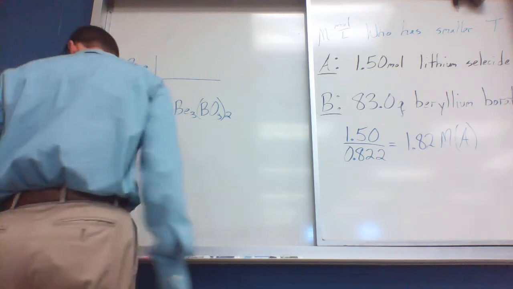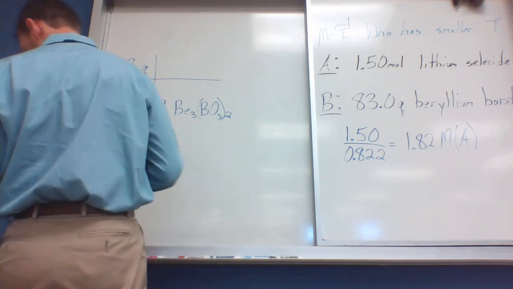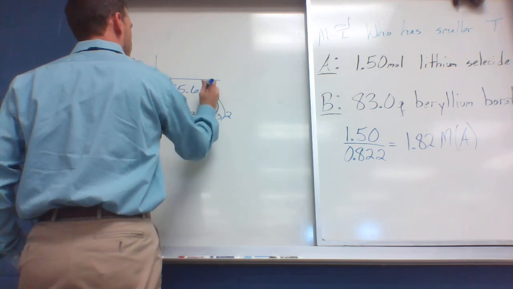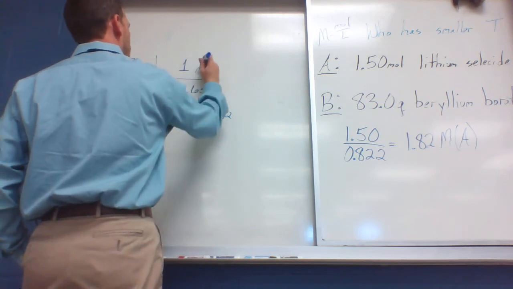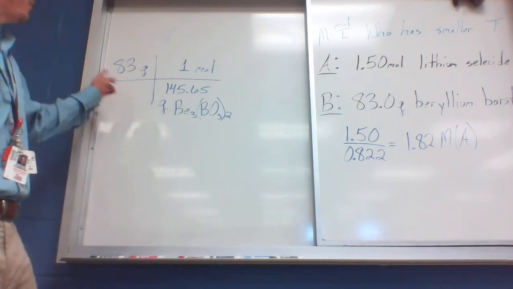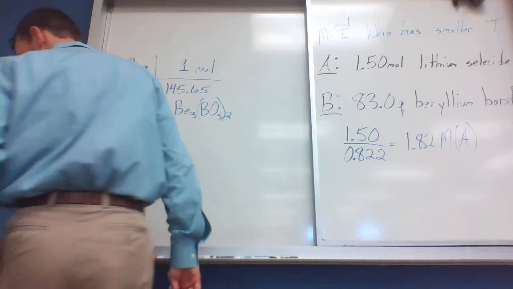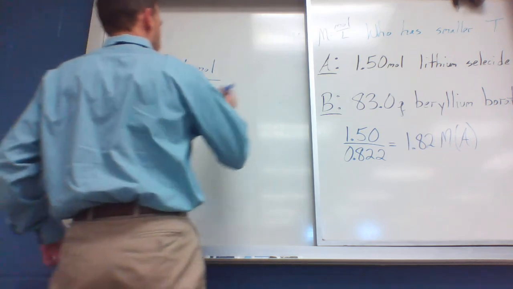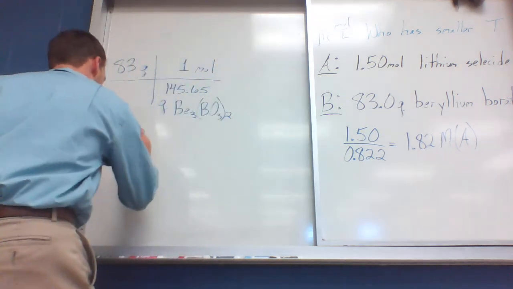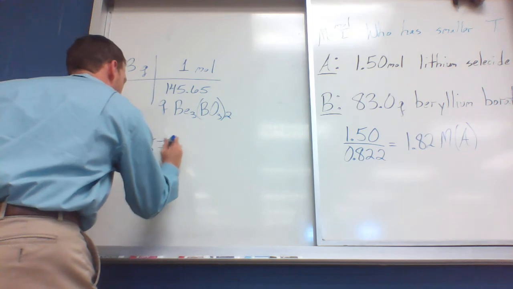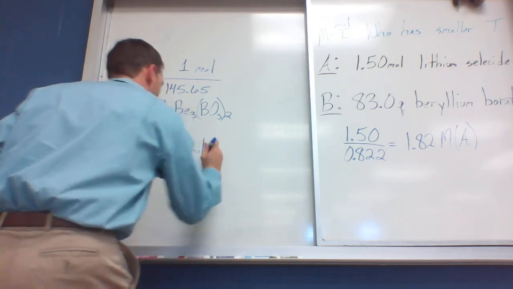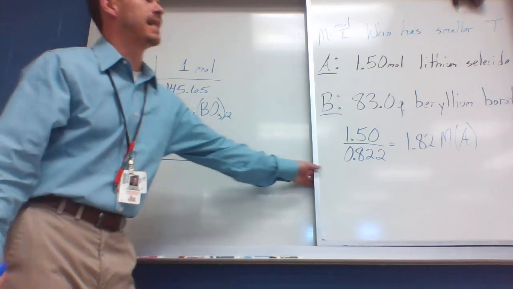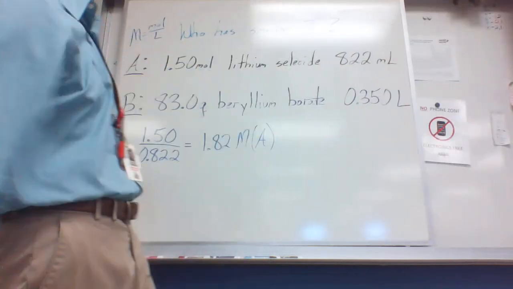Anybody have its molar mass? Perfect, 145.65 for 1 mole of beryllium borate. So if we run our grid there, we'll end up with what looks like 0.574. And that is moles. Of course, we want moles over liters, but look, it gave us liters this time, so we can just use 0.35.